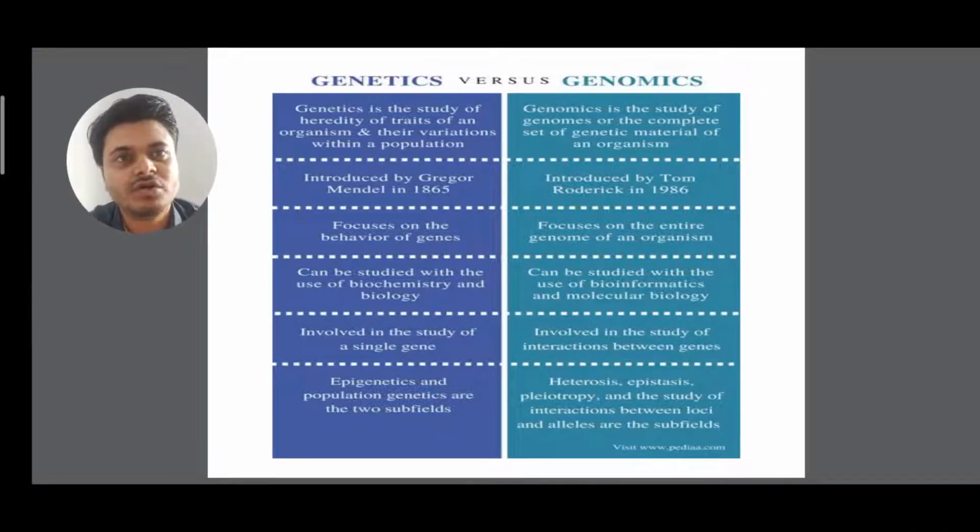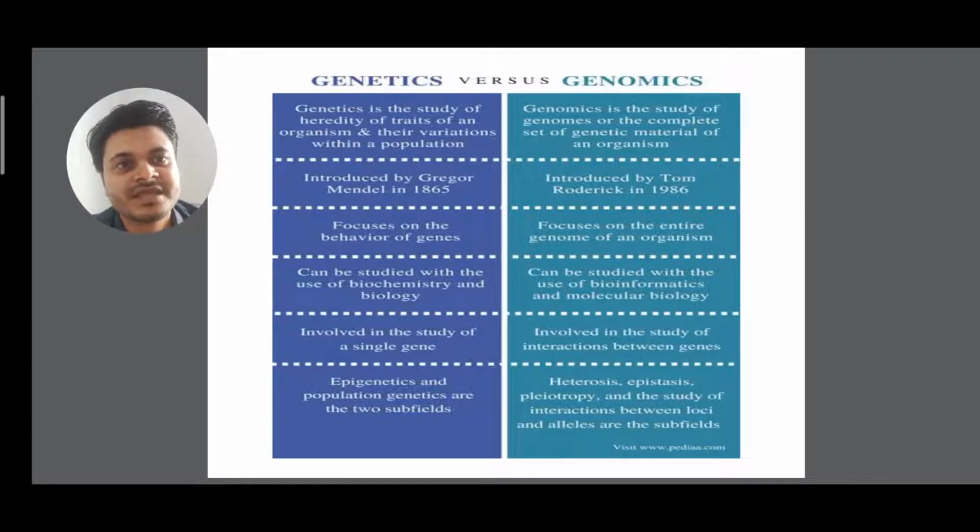Genetics was introduced by Mendel in 1865 and genomics was introduced by Tom Roderick in 1986. Genetics focuses mainly on the behavior of genes, and genomics focuses on the entire genome of an organism.